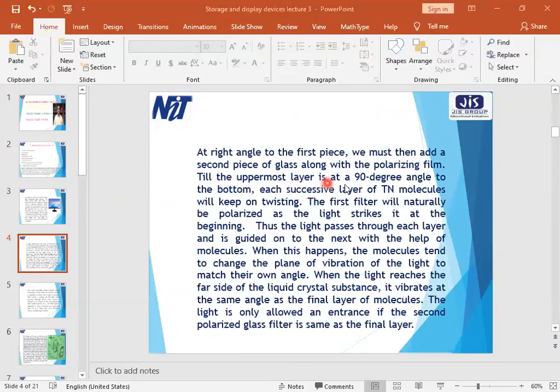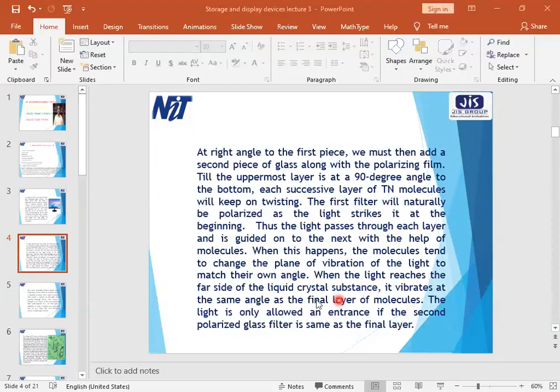Till the uppermost layer is at 90-degree angle to the bottom, each successive layer of TN molecules will keep on twisting. The first filter will naturally be polarized as light strikes it at the beginning. Thus, the light passes through each layer and is guided onto the next with the help of molecules.